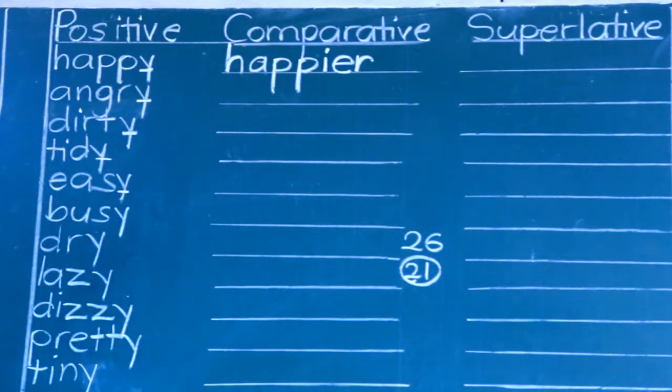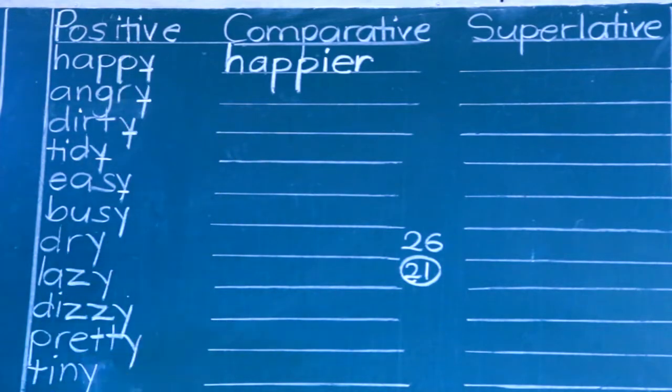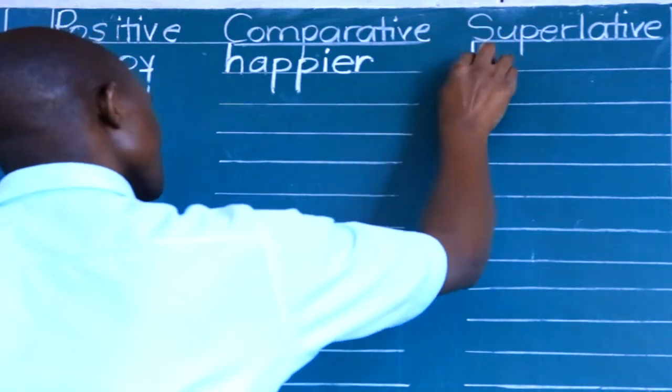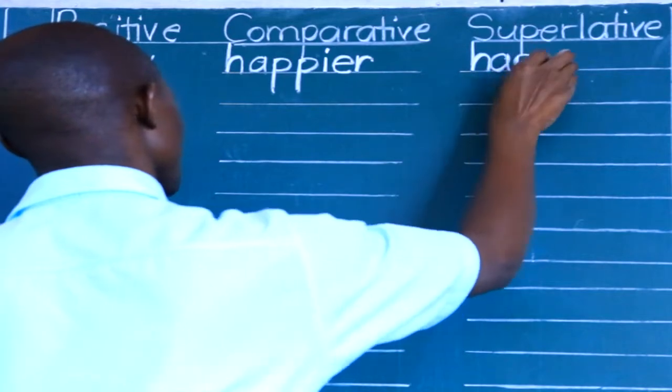Let's go to the superlative, which requires us to add I-E-S-T after throwing away the last Y. Happy, you write happy, but without that last Y, H-A-P.